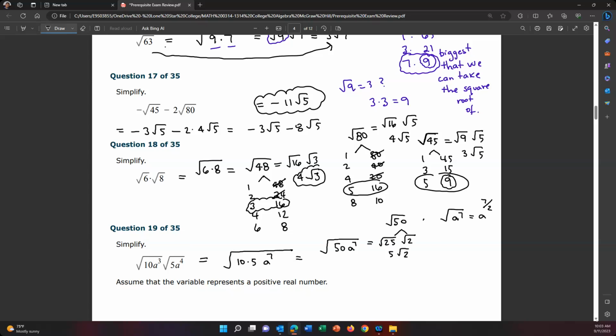We're taking this 7 and dividing it by 2. Well, what is that? That is 3 and 1/2, right? 7 divided by 2 is 3.5, and 3.5 is the same thing as 7/2.